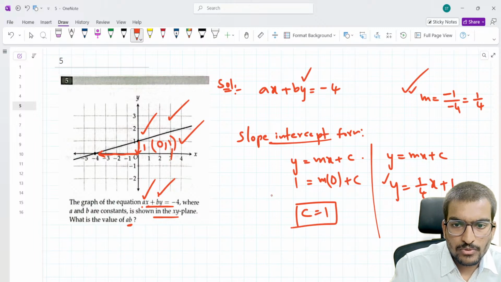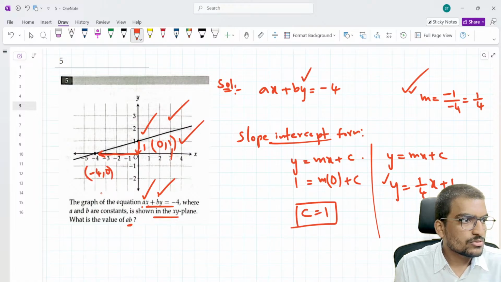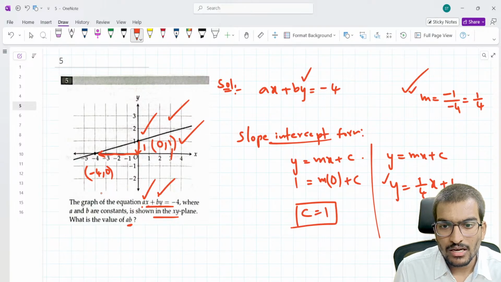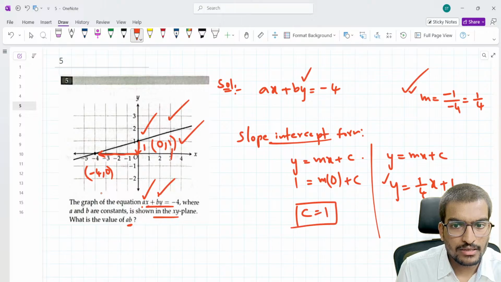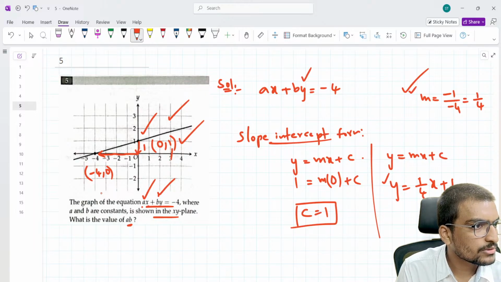I use this point as well. I just got this equation till now, and the other point I have is negative 4 comma 0. Let me see, somewhere it's missing info.